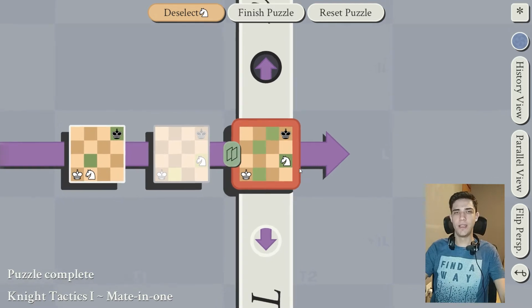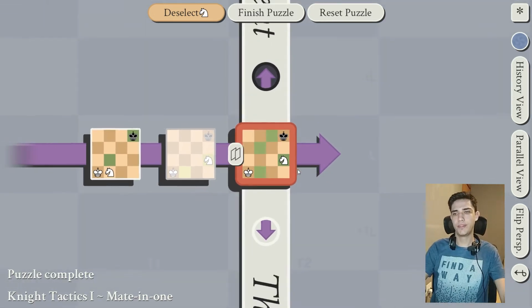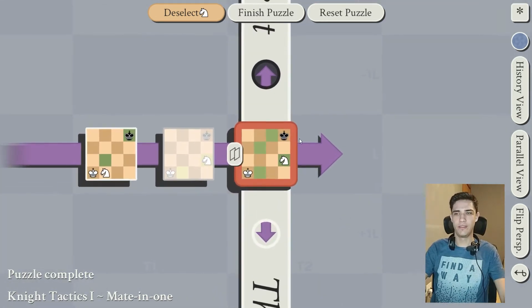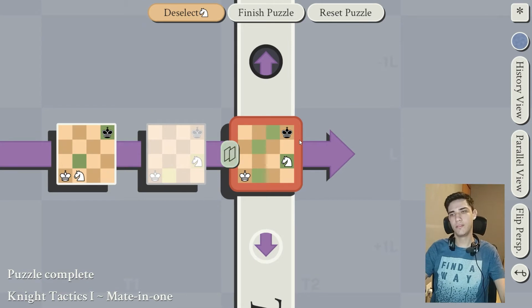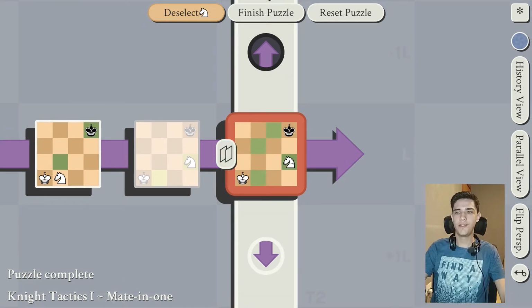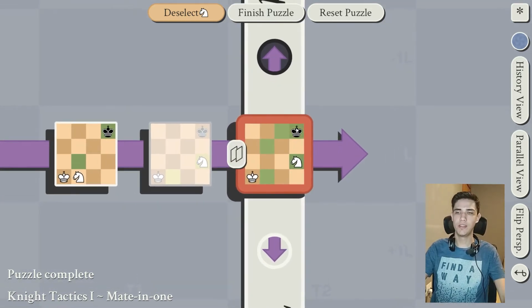So it's basically the L movement, but with the fourth dimension and the second dimension. So the knight can move 2 squares up in one dimension, and 1 square to the left in the fourth dimension, the time dimension.